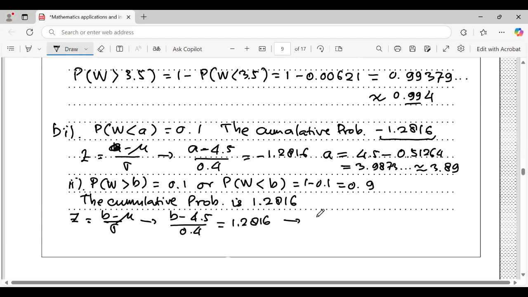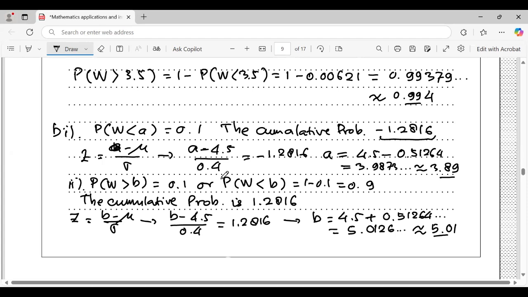So we can determine B equals 4.5 plus 0.51264, and it equals 5.0126, or 5.01. This is B, this is A.